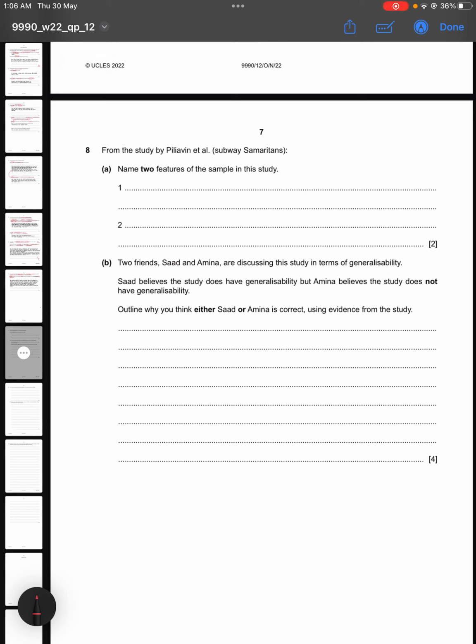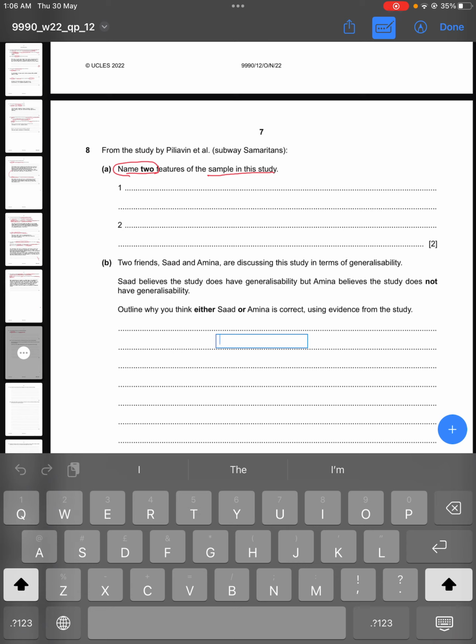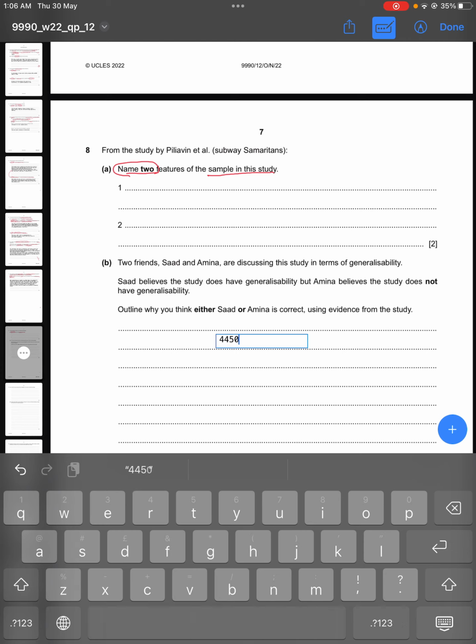And then from the study by Piliavin, name 2 features of the sample in this study. So just simply name any 2 features of the sample from this study. You can write any 2, such as there were about 4,450 participants.